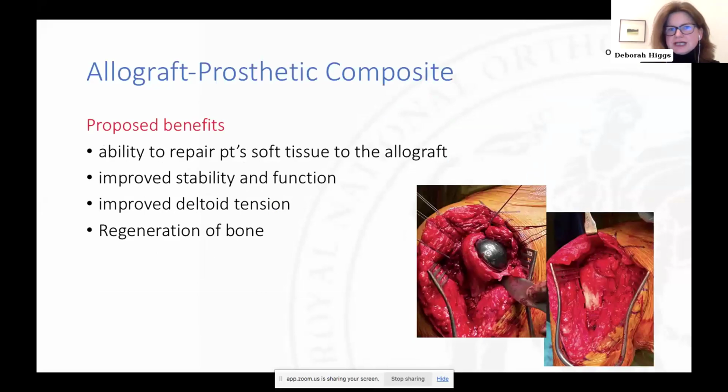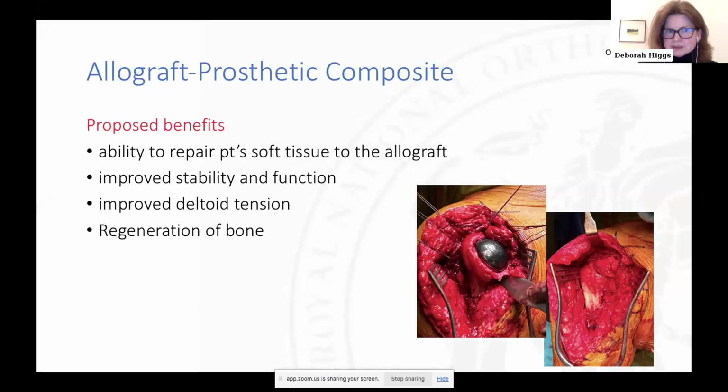In terms of using an APC, there are some proposed benefits. You often have soft tissue attachments on the allograft, which allows you to repair the patient's own tissue to it, with the literature suggesting that if you can repair subscapularis, you get improved stability. And if you can repair the posterior cuff, it improves function and strength. Proximal bone also allows you to improve the deltoid tension and deltoid wrap, again improving stability.